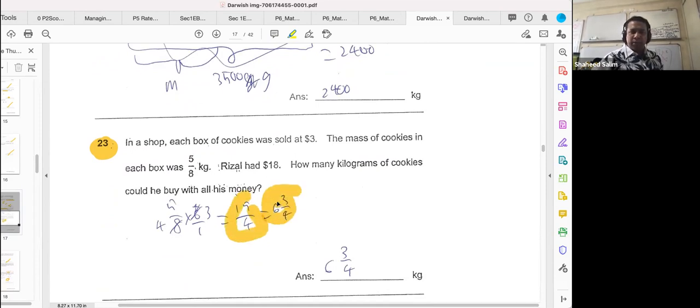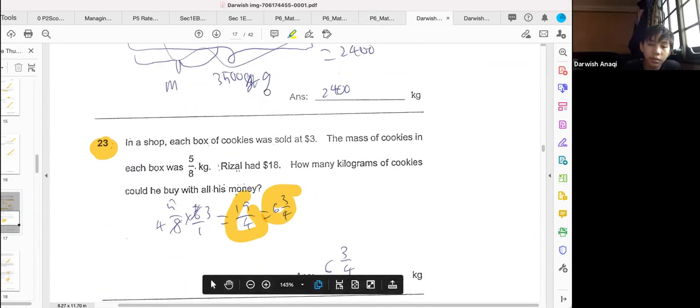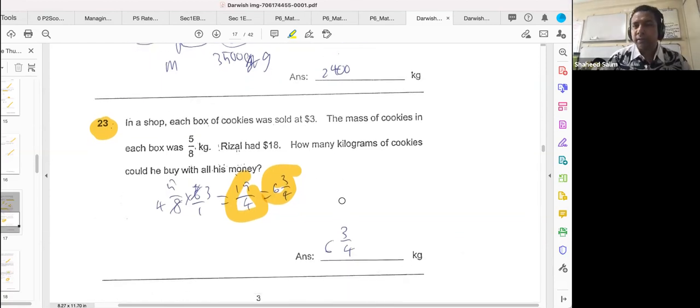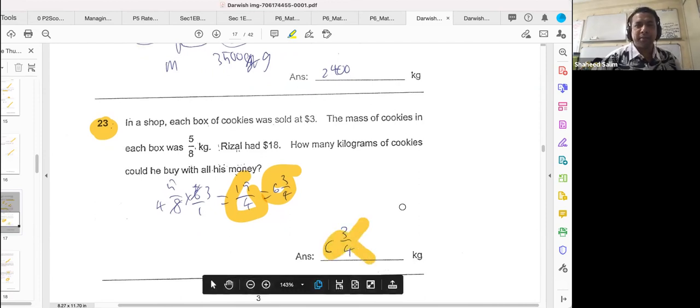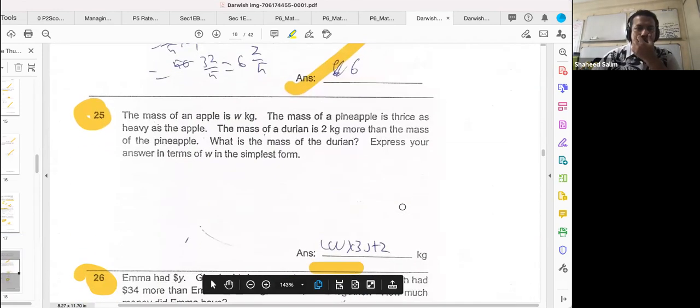You convert to this, is it correct? 5 times 3, is it? 15. I don't know, it seems something is not right somehow. 3 over 4, okay. All right, that's your answer. So again, you know how to do this, you get it wrong. What a waste. Be careful now, be careful. Okay, this one is okay.